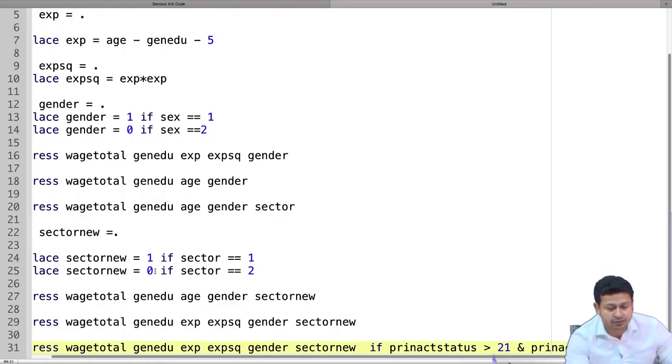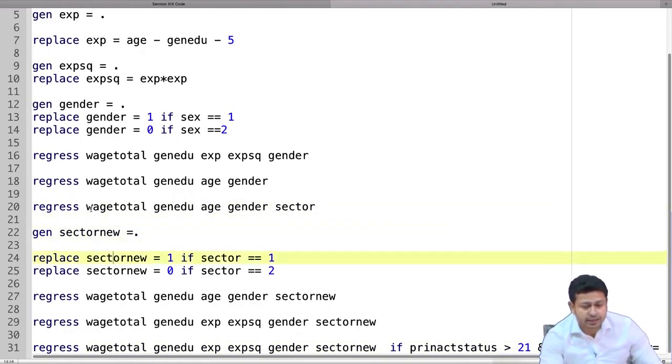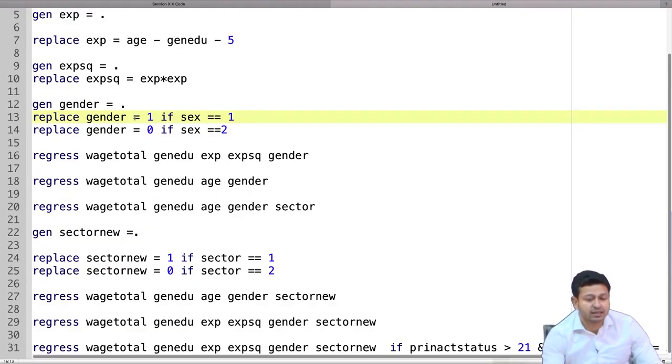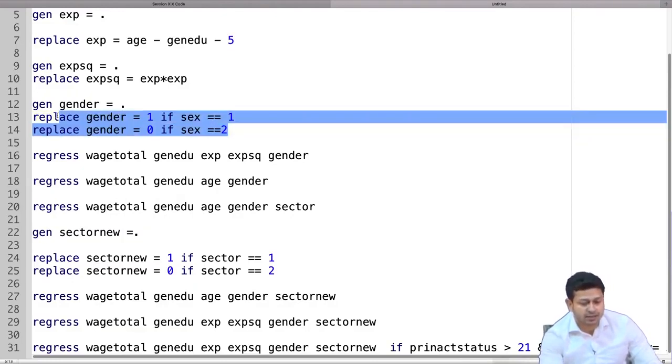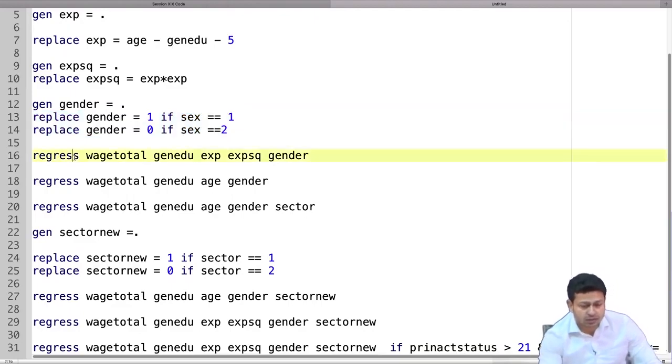So let's actually try to do that. Let's say in the previous case I had gender equal to 1 if sex is equal to 1. So male I have assigned as 1, whereas female we have assigned as 0. I'll use the same codes, just that I will change the values here.